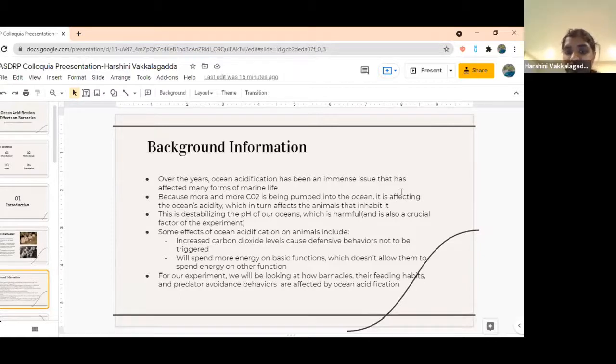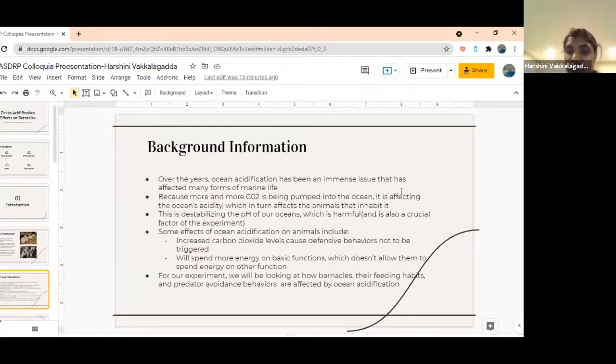Human activities specifically pump more and more CO2 into the ocean, and this is affecting the ocean's acidity, causing the pH levels of the ocean to continually fluctuate, and this is destabilizing the pH of our oceans, which is really harmful.